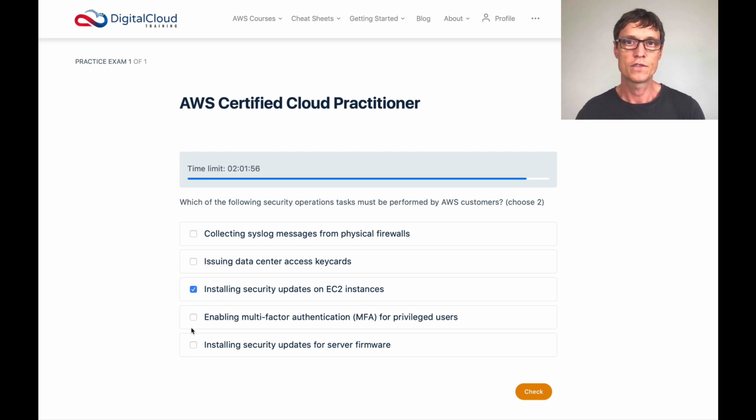Enabling multi-factor authentication for privileged users. Well, MFA refers to having a second factor. So the first one is usually a username and a password. That's often referred to as something you know. So you have to remember your password. The second factor is what we call something you have.